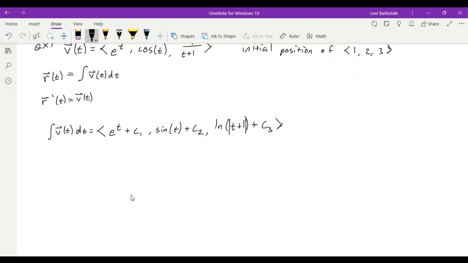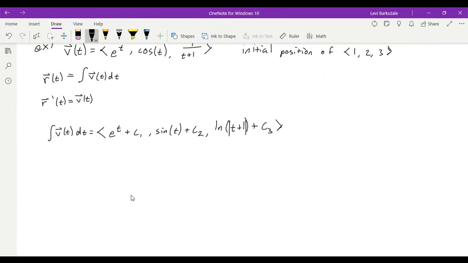Now we need to find the values of these constants because we're given an initial position. An initial position tells us that t is equal to 0. So when we plug in 0 for t, we get 1 plus c1, c2, natural log of 1 is 0, so c3, and this should then be equal to (1, 2, 3).